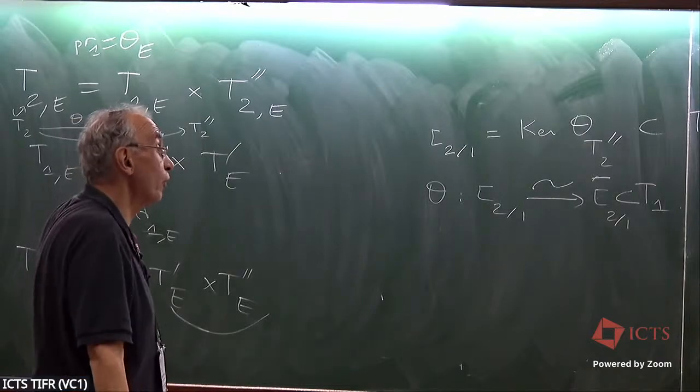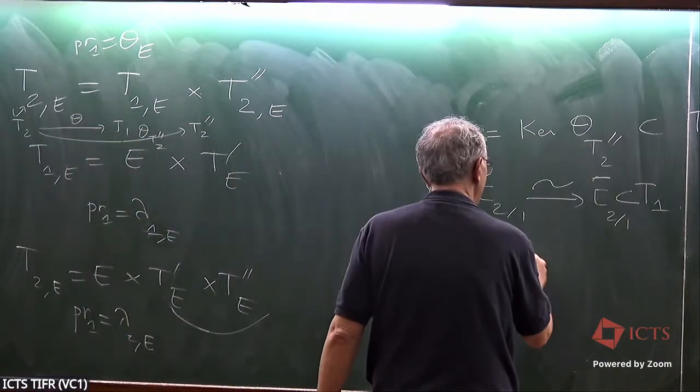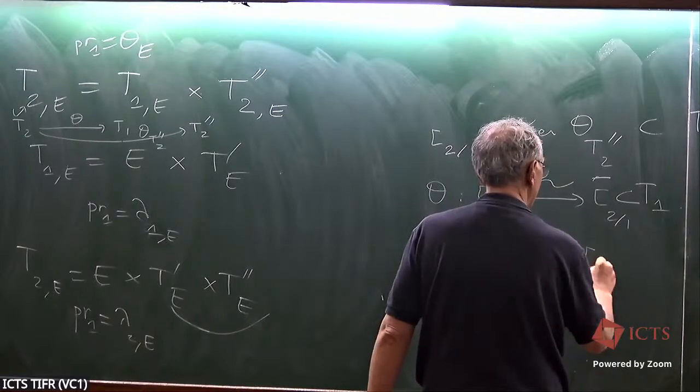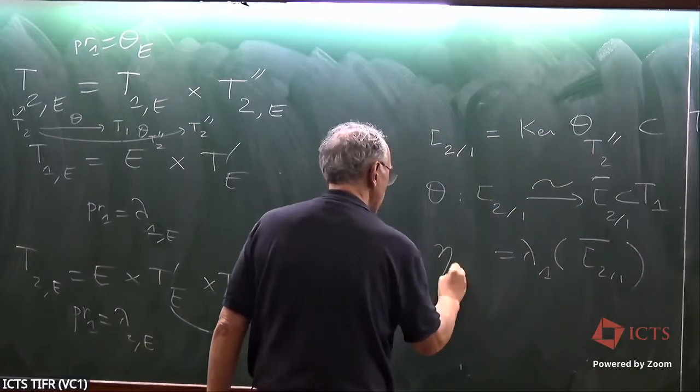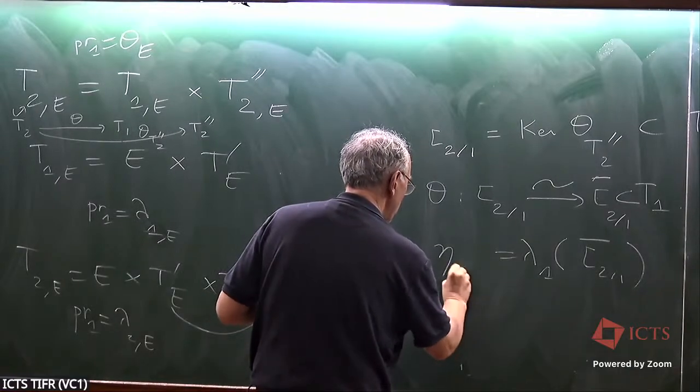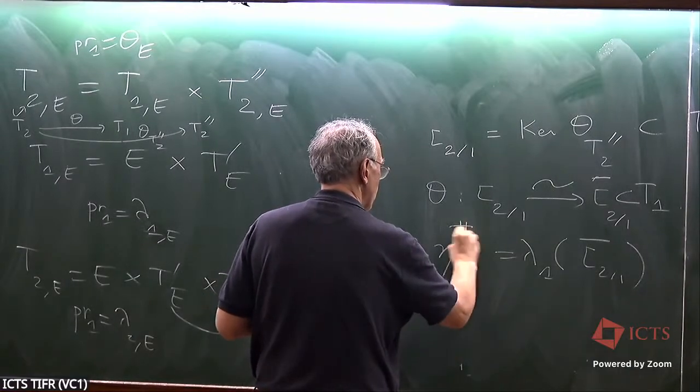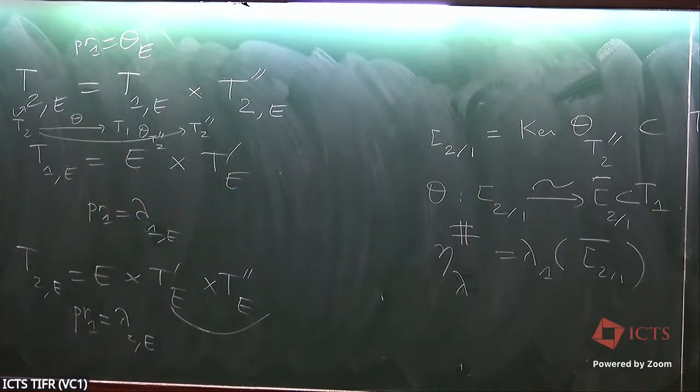And therefore, you can apply lambda 1. And that's the definition of the relative congruence number. That's the notation, eta lambda sharp.